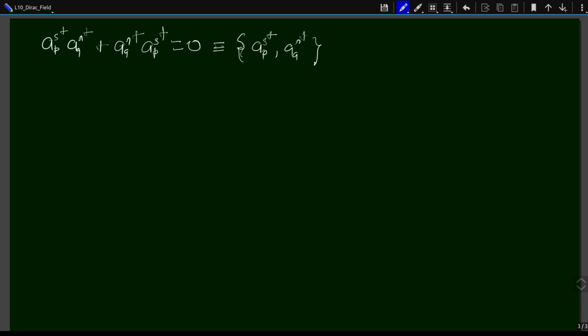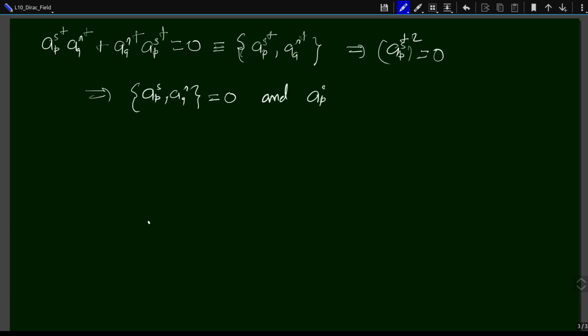So the two a daggers with differing labels anti-commute, and this automatically says that a_{ps} dagger squared is 0. So that also is true. This also implies, using simply the dagger of the whole thing, that the anti-commutator of a_{ps} and a_{qr} is 0, and a_{ps} squared is 0.